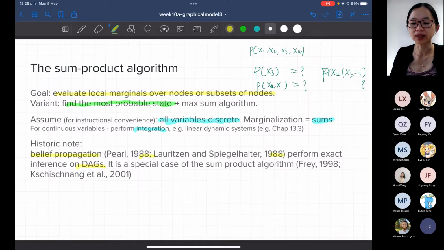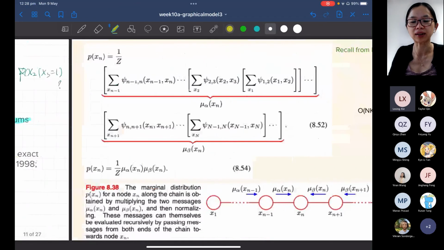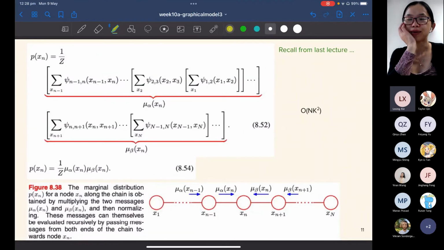Then 10 years later, this alternative representation came about, and it's more general. It applies to any graph. As a quick recap of one of the dense slides of last Wednesday, the reason we're introducing those is also to preempt the sum product algorithm.